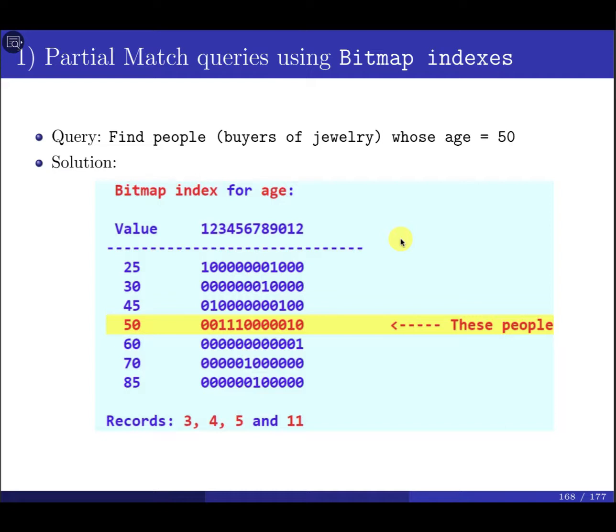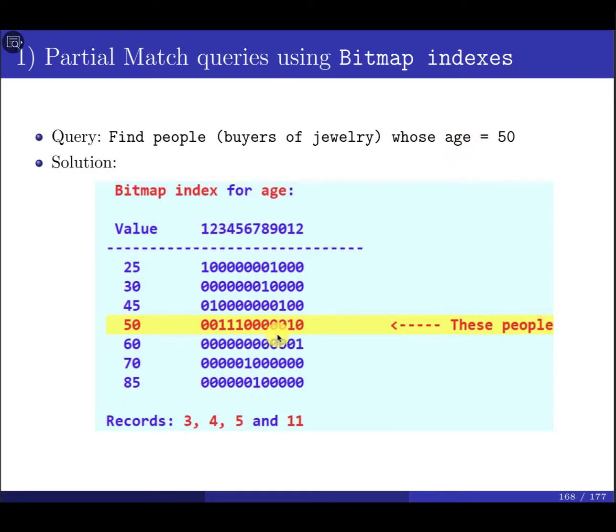How can we answer this query? Find people for the jewelry where age equals 50. The beauty of the bitmap index here is that you just look up the index and retrieve the corresponding filter. Then, in order to answer this query, you retrieve the third, the fourth, the fifth, and record number 11, which satisfy the condition that we have.